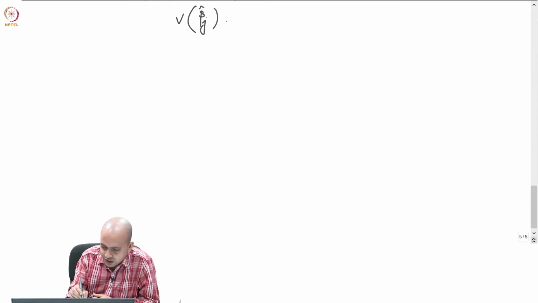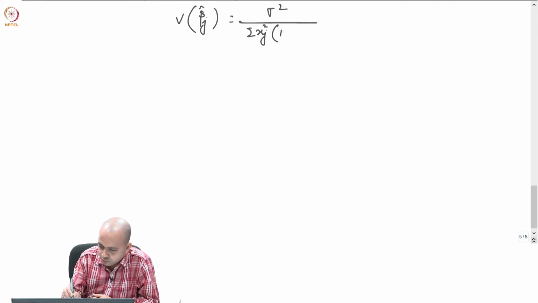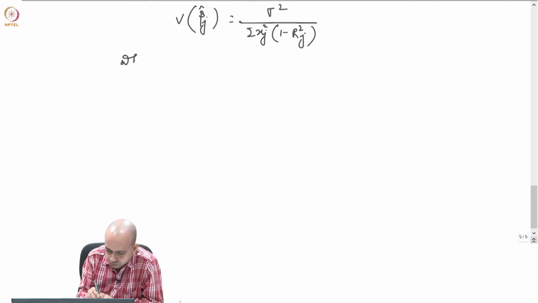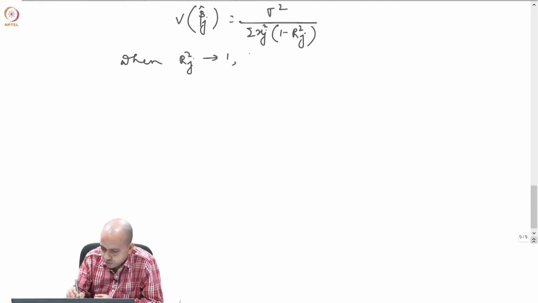beta hat j, as I told you, is sigma square divided by summation x j square into 1 minus R square j, and when R square j tends to 1, variance of beta j tends to infinite.